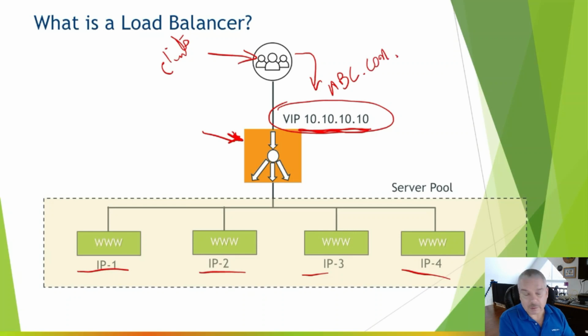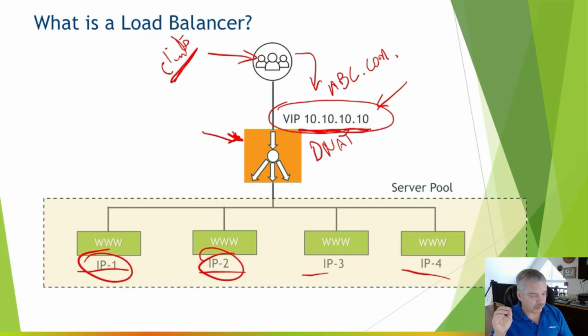abc.com, whatever. Okay. Then the load balancer will do what's called a destination NAT. Okay. So it looks at the layer 3 information and says, I've got a source IP of the client, whatever that is. It's got a destination IP of 10.10.10.10. What it's going to do is take out that destination IP and replace it with one of the servers' back-end IPs.